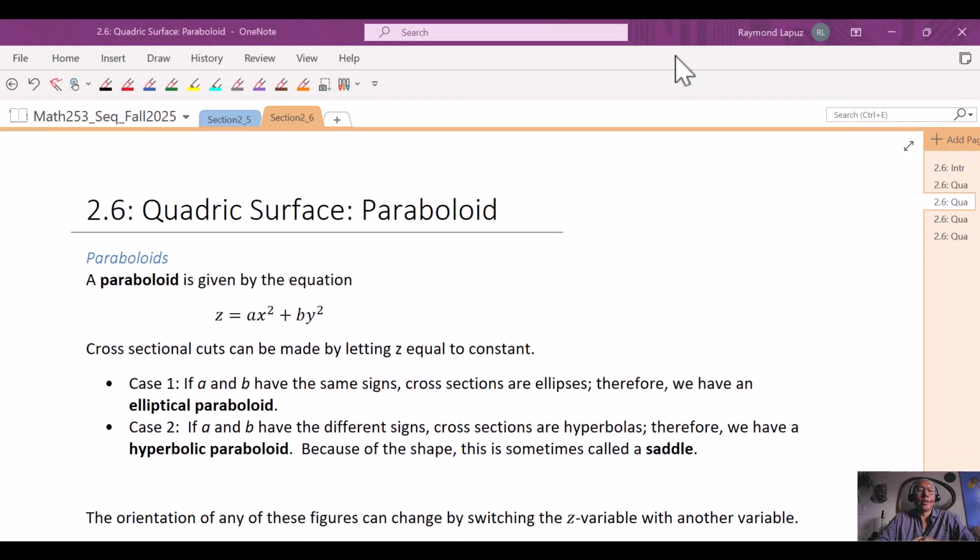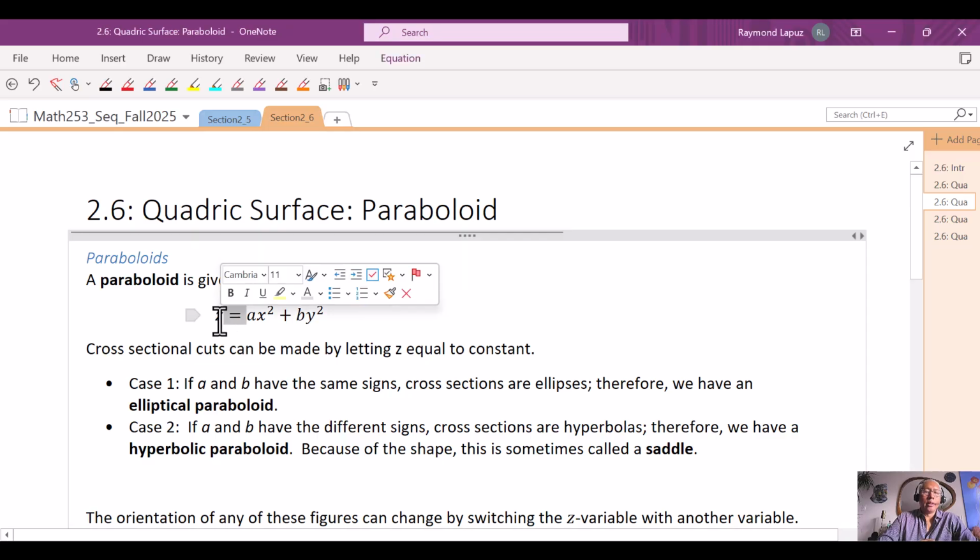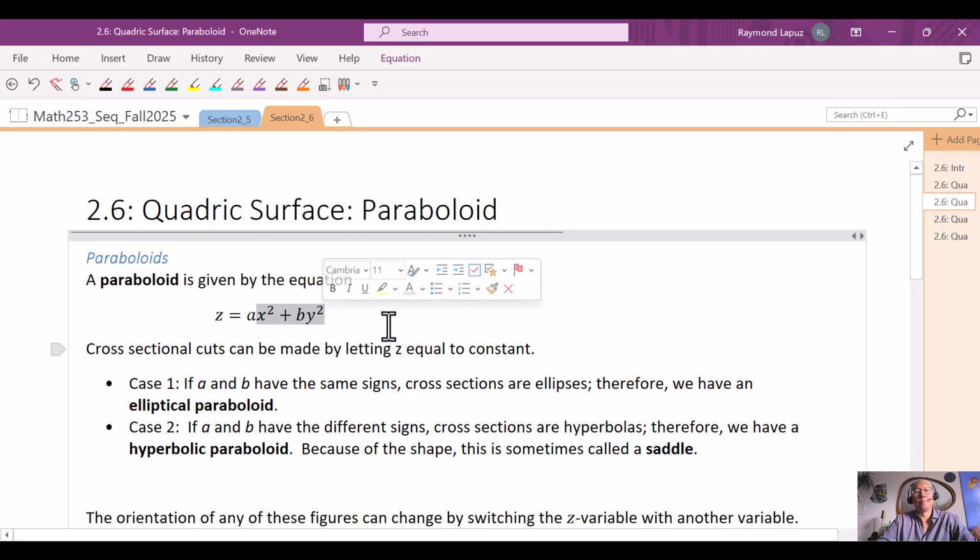So our quadric surface, labeled as paraboloid, is going to be given by this equation. The important thing to notice is that one of the variables is not being squared, while the other two are being squared. So that would be a good indication of your shape being a paraboloid.